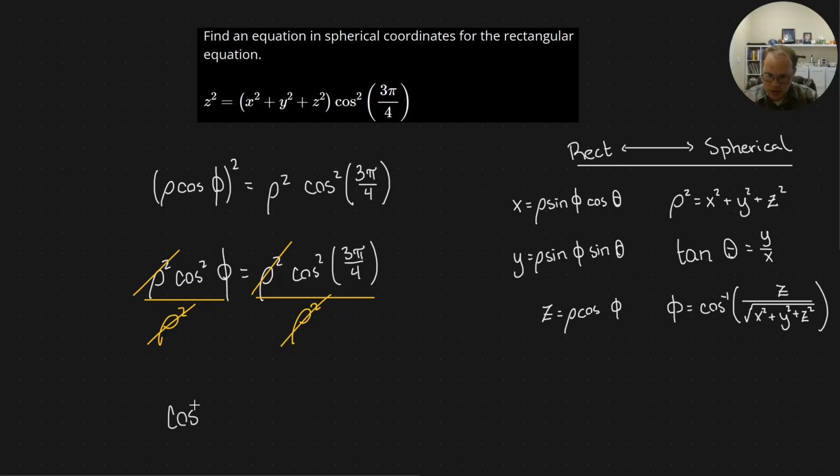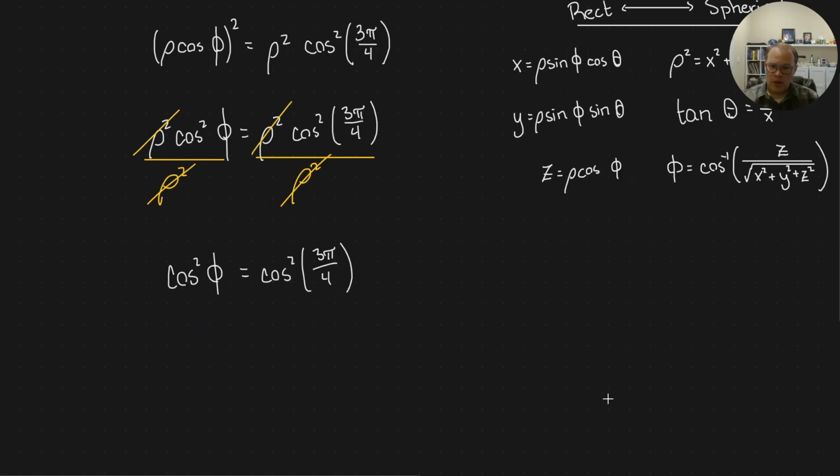And I get cosine squared of phi equals cosine squared of 3 pi over 4. So what does that mean? Well, because of our limitations on phi, if we limit phi to being between 0 and pi, then there's only one value of phi that can make these two cosines equal to each other. And that's if phi is 3 pi over 4. That's the obvious thing to plug in. Obviously, if phi is 3 pi over 4, the left-hand side of the equation equals the right-hand side. And in this case, that's the only possibility.